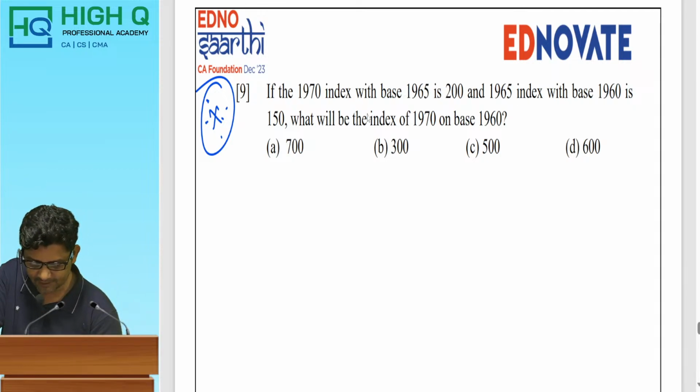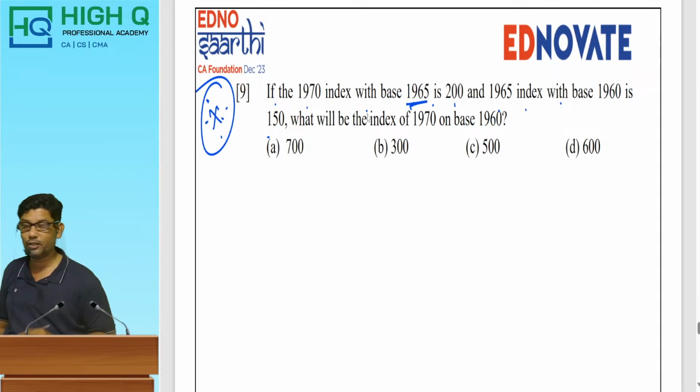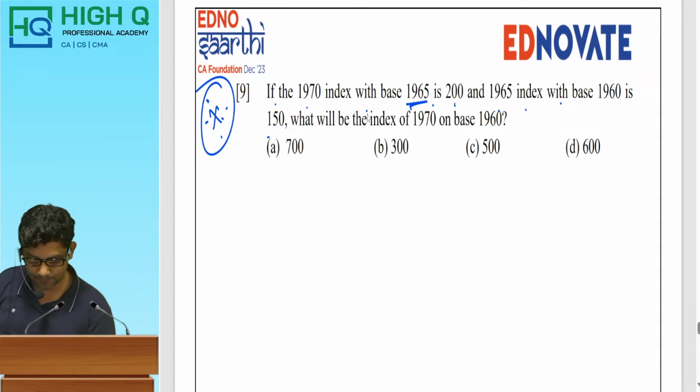If the 1970 index with base 1965 is 200, and the 1965 index with base 1960 is 150, what will be the index of 1970 on the base 1960? Oh sorry, this is splicing index. Look at this, my dear.